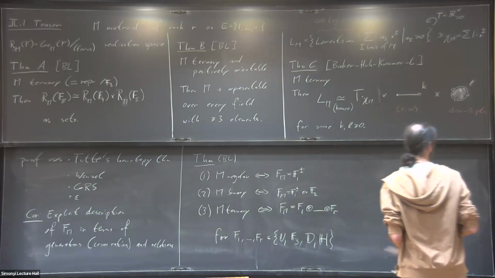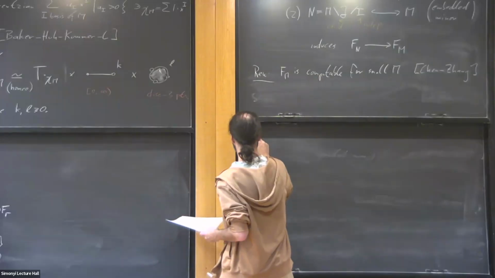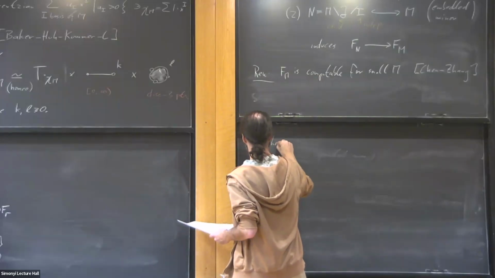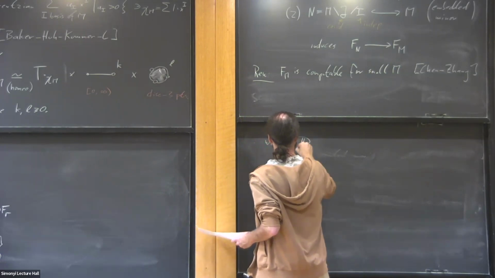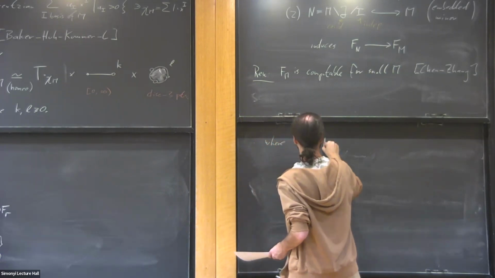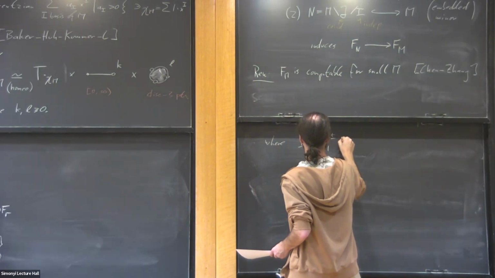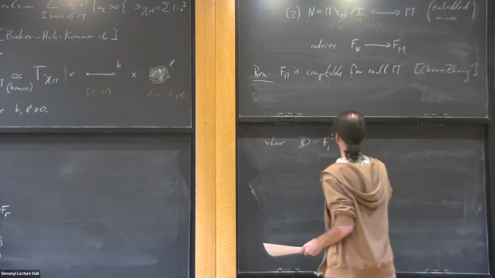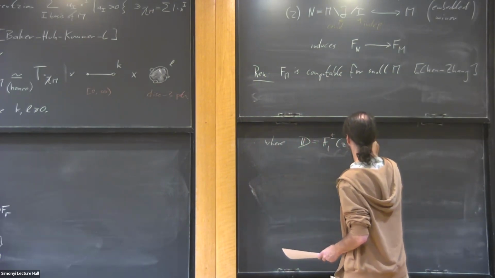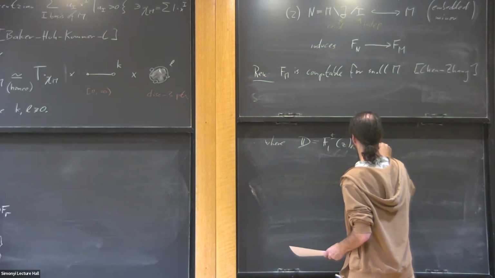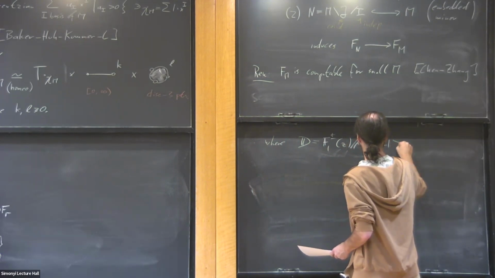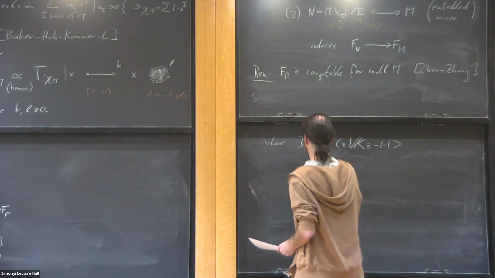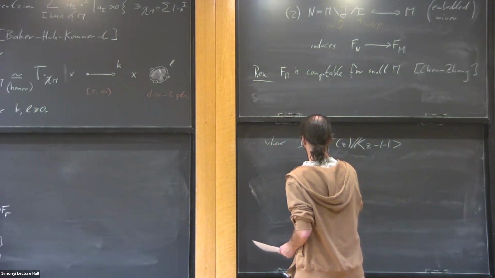Let me define them for you. So D is F1 plus minus together with a free element Z, modulo a single relation, which is Z minus 1 minus 1. This is called the dyadic partial field.